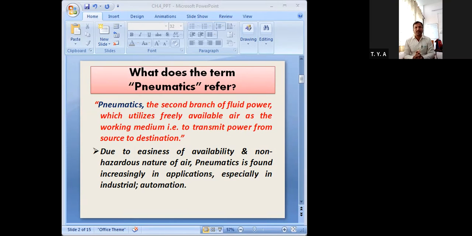Due to that only, air is used as the working medium or fluid in pneumatics. Pneumatics is found increasingly in applications, especially in industry and lab automation, so we should know pneumatics also.